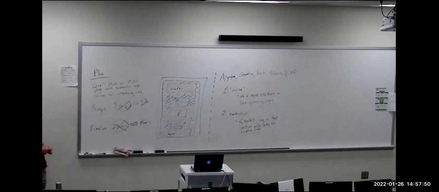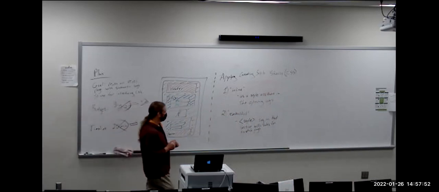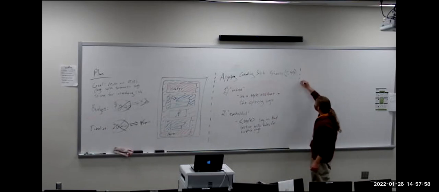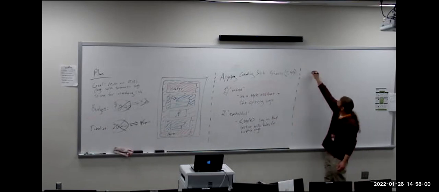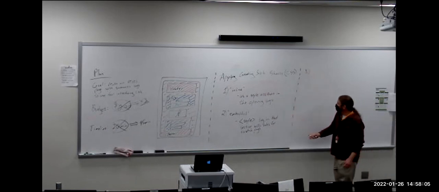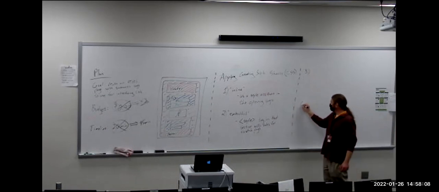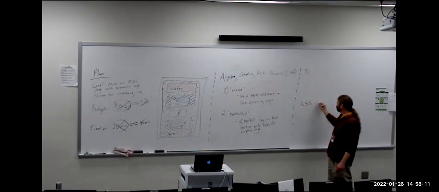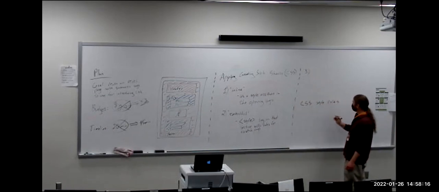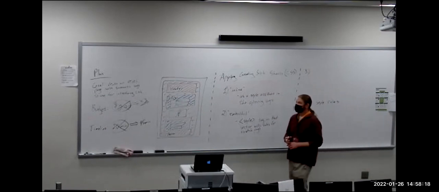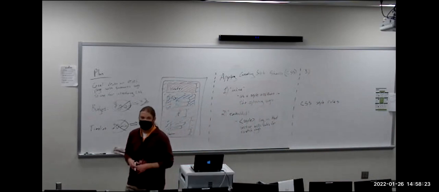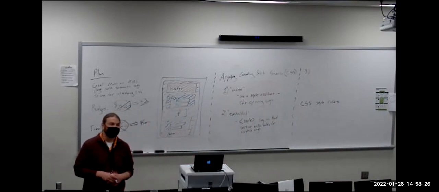So what do CSS rules look like? I kind of ran out of room, so I'm going to write a number 3 up here in a minute when we get to it, just to continue this list, and I'll put this next part down here. CSS Style Rules. These are very related to C++ language, something called structure in C++.